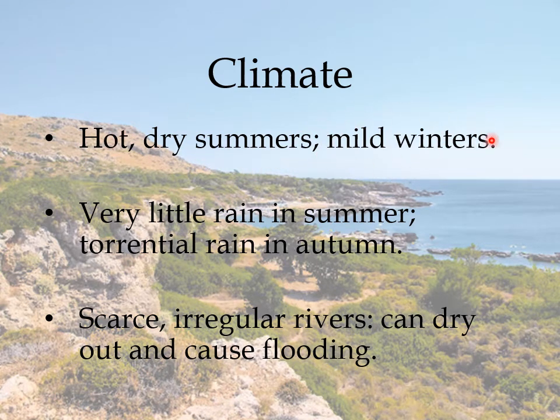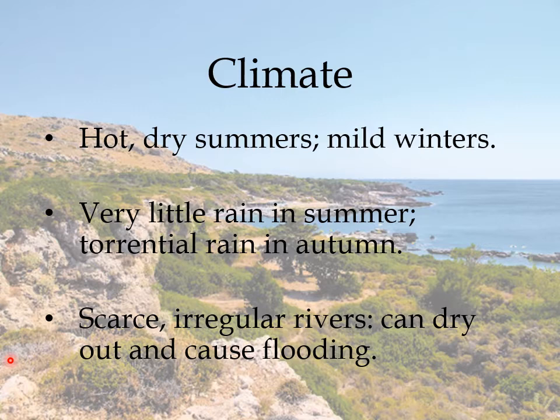Winters aren't very cold, they are colder but not so cold. The rain in summer is very little and it rains normally in autumn and spring, especially in autumn, where we can find torrential rain.